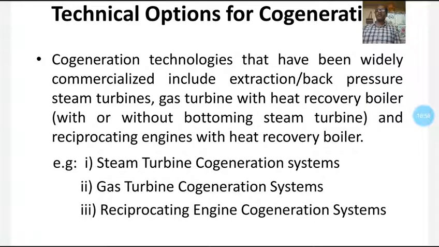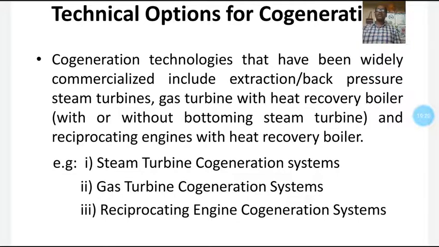Combined heat and power plant, CHP plant, sometimes called cogeneration plant, produces electricity and heat as a whole. Heat is extracted as steam or hot water and exported from the system to the required place.